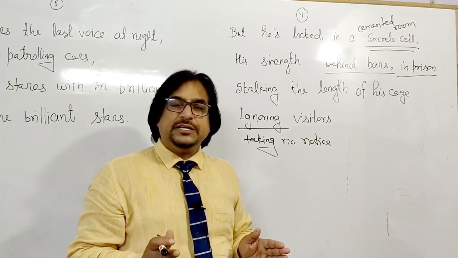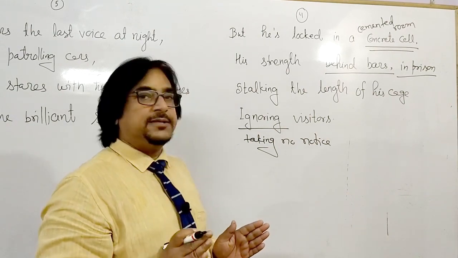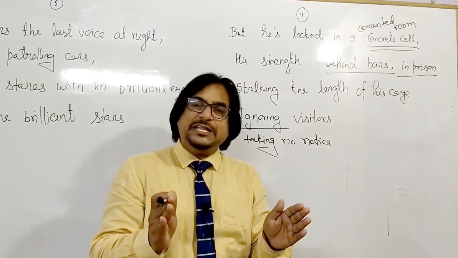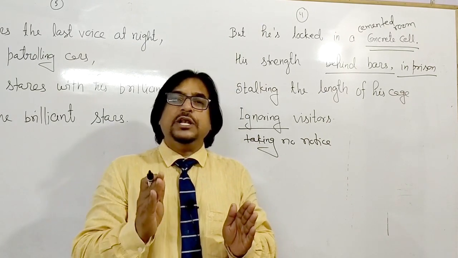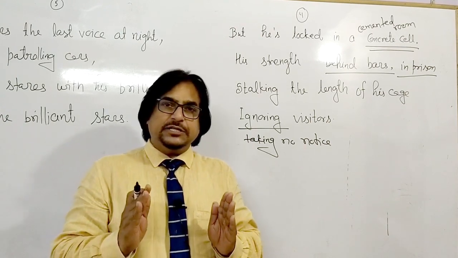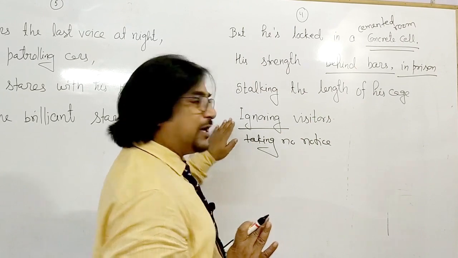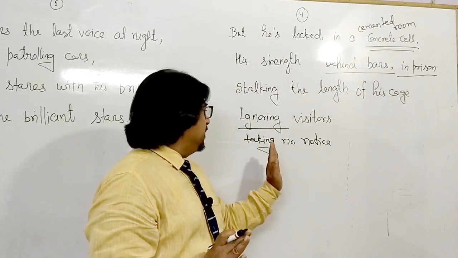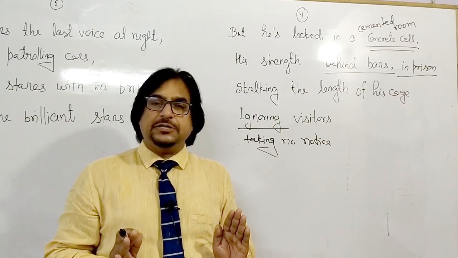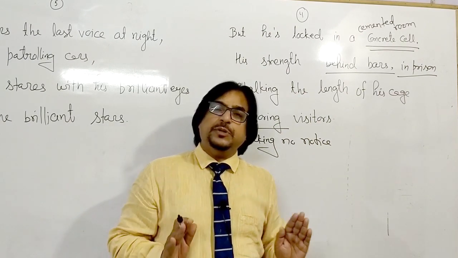It means the tiger is kept in a confined place. And in that length only, he walks smoothly and quietly. And after that, what does he do? He ignores visitors. That means in the cage, he doesn't take notice of the visitors.